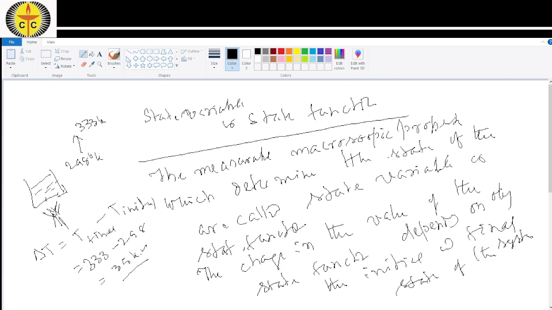It depends only on the initial value and final value.